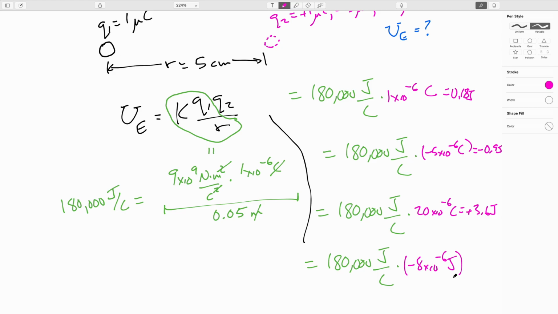Sorry, I don't have my calculator in front of me. Okay, this is going to drive me nuts, so I'll just do it. There we go: negative 1.44 joules.